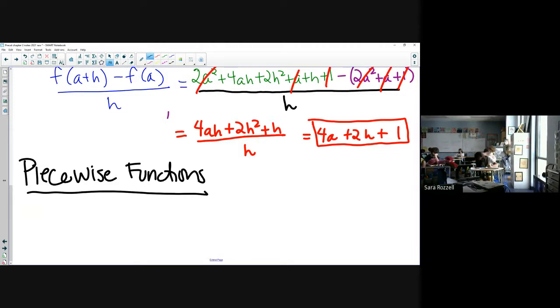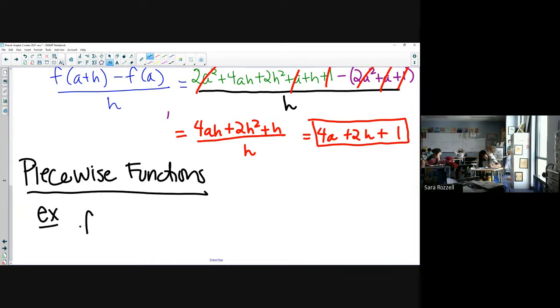Pieces, right? There's not just one equation that defines the whole function. There are multiple equations, and it'll switch. And they'll tell us, like, oh, you've got this equation going on, and at this number, you're going to switch to another equation. And then at this other number, you're going to switch to another equation. So it's broken up into pieces, and the pieces have specific numbers where they are.